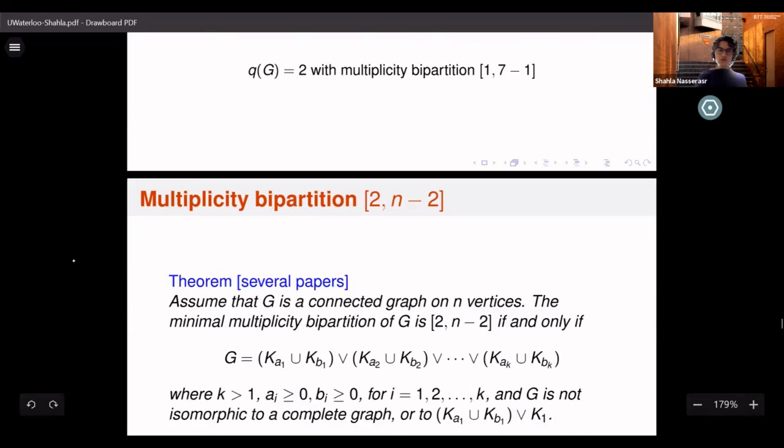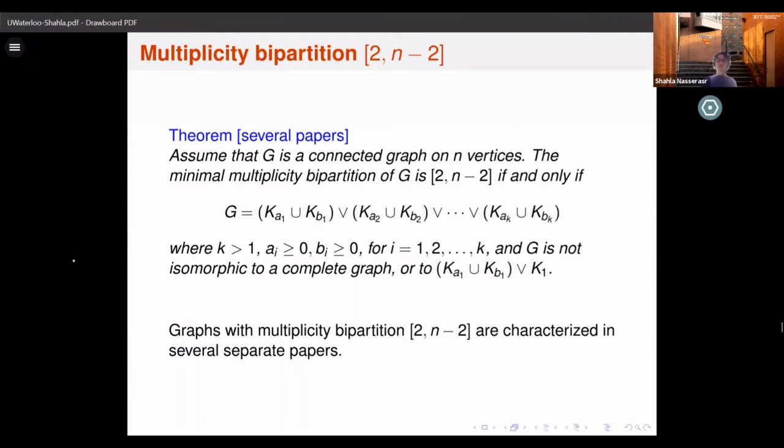For the case of 2 and m minus 2, this has been shown in several papers in minimum rank and other topics, that a graph has a multiplicity bipartition of 2 and m minus 2 if and only if it's of this form. Now, what is that form? We have two complete graphs of any size union together, meaning do nothing basically.